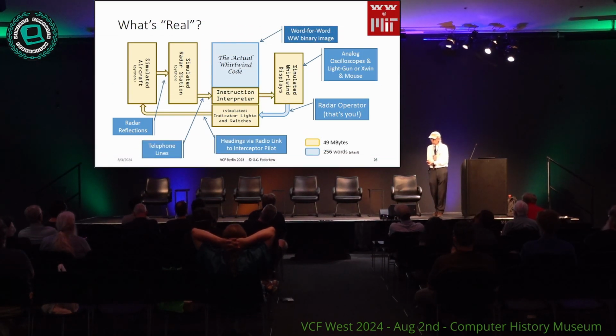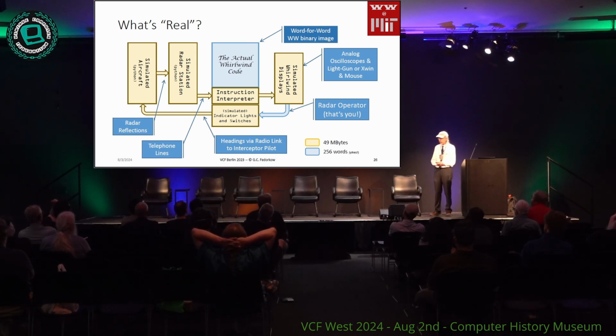We have this code working in simulation, and it's always useful to review a little bit about what that actually means, because there's a lot of stuff there to make this work, including, in the middle at the bottom, the actual Whirlwind instruction simulator, which is the easy part.